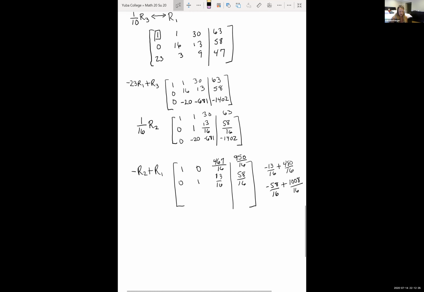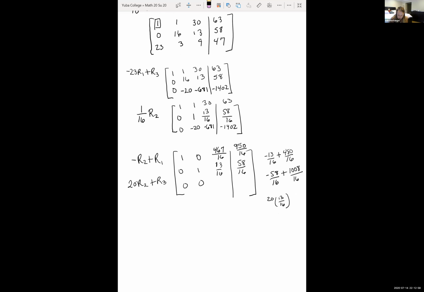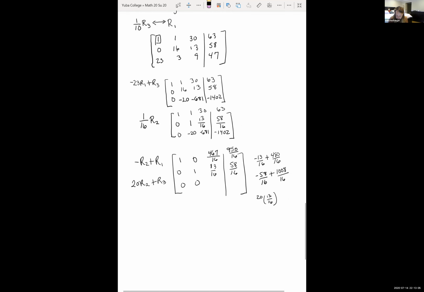So now I need to get rid of this negative 20 in row 3. So if I do 20 row 2 plus row 3, I get 0, 0, and then 20 times 13 over 16. And then what do I have to do? Minus 681.